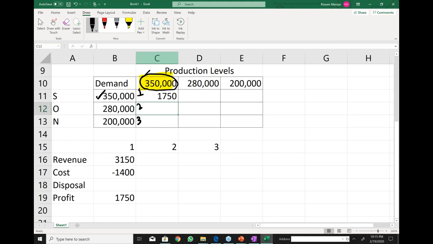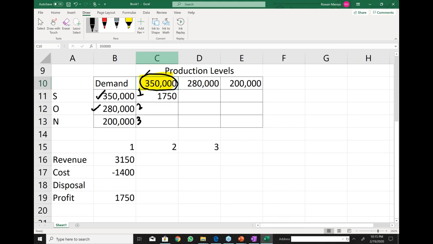Okay, moving forward quickly. Now, if you produce 3,50,000 again, and the demand turned up 2,80,000, you produced 350 and demand came to 280. Come on, tell me, how many units will you sell then?